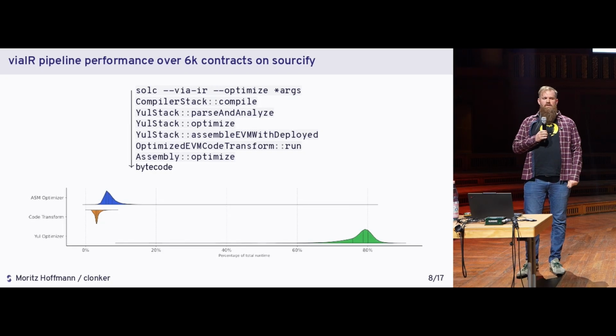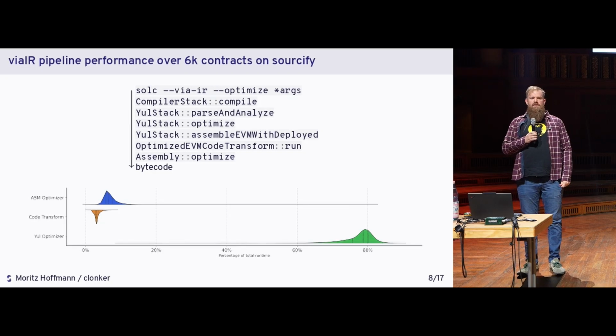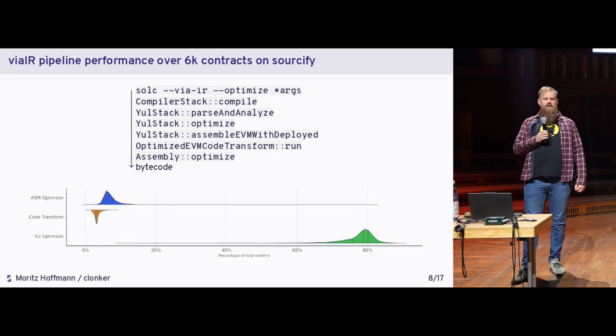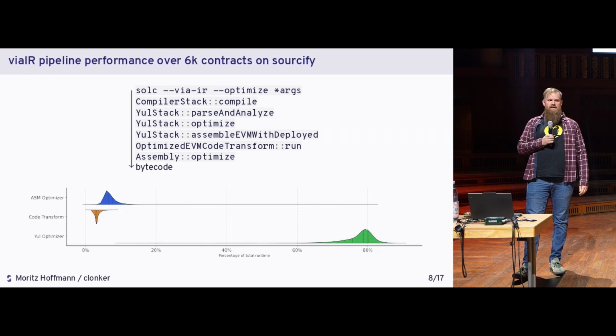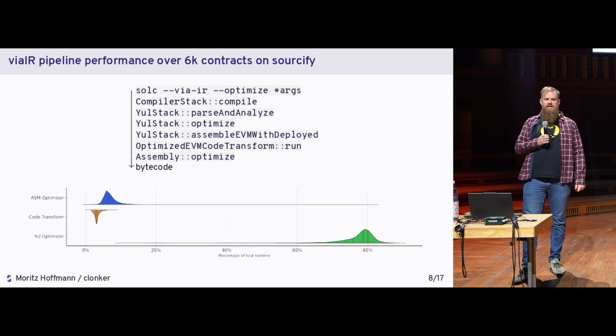Looking at that a little bit more, if you call solc, which is the Solidity compiler, via IR with the optimize flags, and then you trace through the program and emit a few timing information, then you can see that about 80% of the time is spent in the Yul optimizer. And these are statistics I made by looking at Sourcify and compiling about 6,000 contracts on it and just checking where the time is spent.